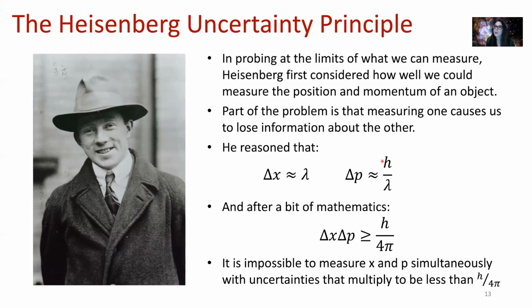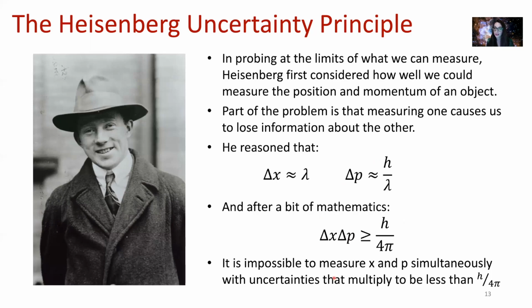So doing a little bit of math, which we won't go through here, it involves a little bit of calculus too, he came to the conclusion that the multiplication of your uncertainty on the position and your uncertainty on the momentum must be greater than or equal to the Planck constant divided by 4 pi.